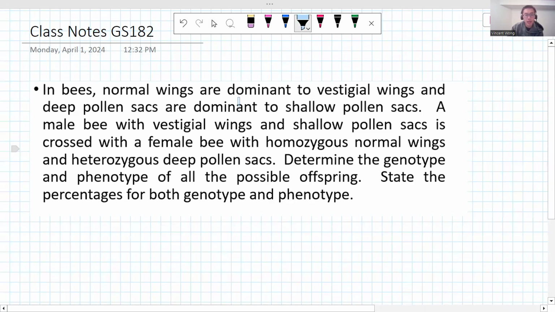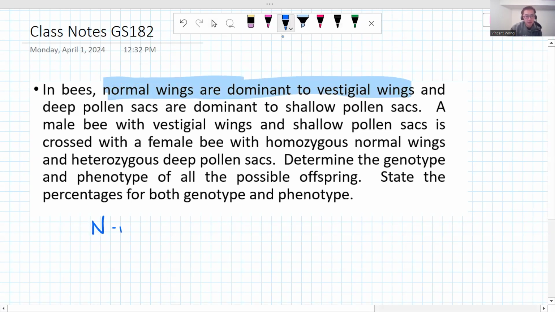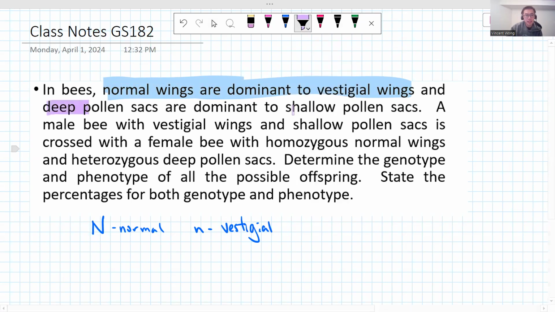Okay, so normal wings are dominant over vestigial wings. And again, you don't necessarily have to know what these things mean. So we can put big N for normal and small n for vestigial. And then the other trait we have is the deep pollen sac versus shallow sac.